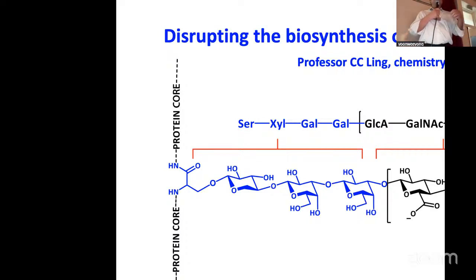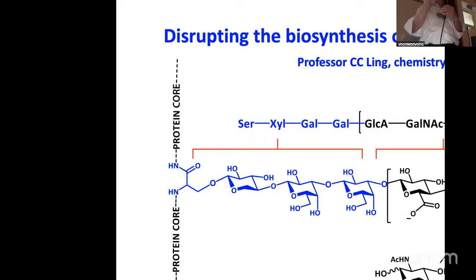And here, we went back to biochemistry 101 to try to understand how CSPGs are made. So here is the protein core of this serine residue and a linker region. You have this repeating disaccharide of glucuronic acid and N-acetyl glucosamine, which itself is formed from N-acetyl galactosamine.